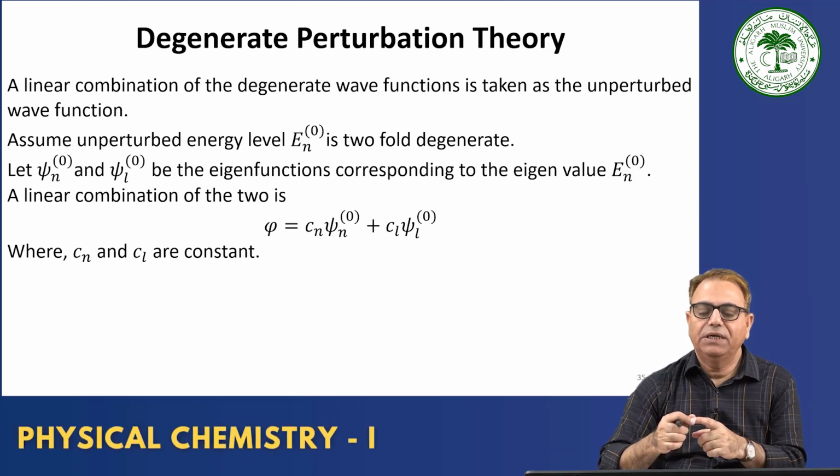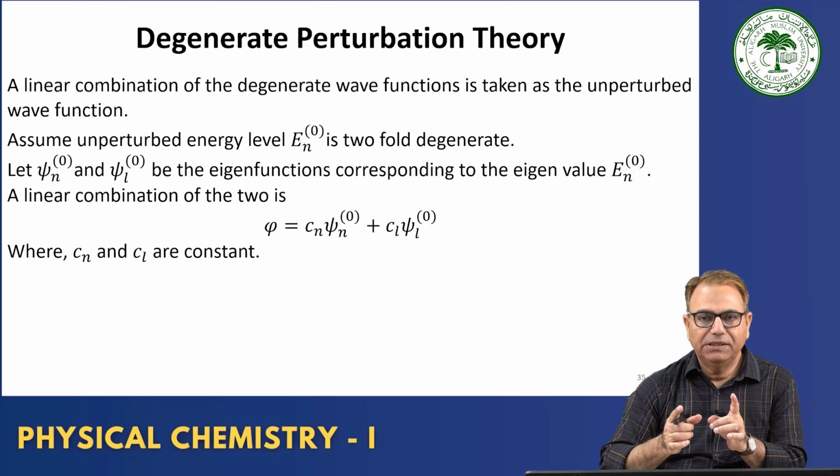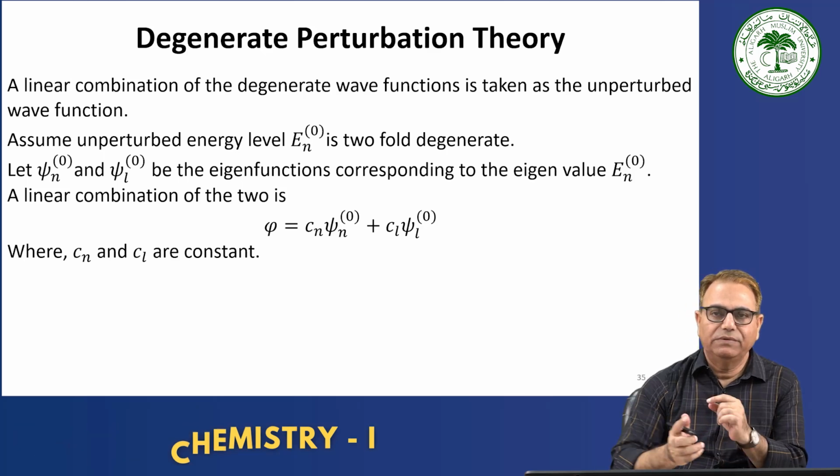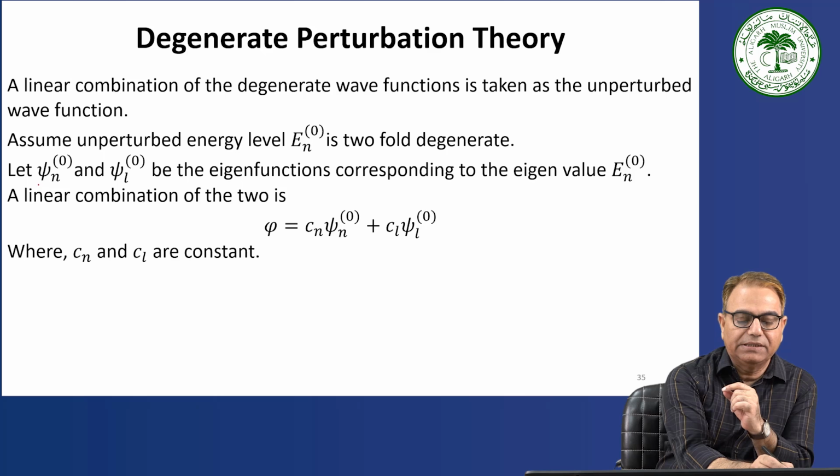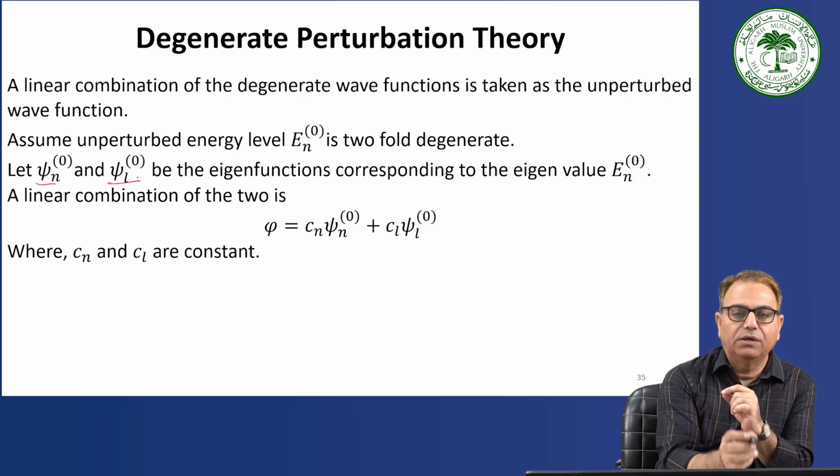So if En naught is the energy, and just for simplification, suppose that it is two-fold degenerate. Two-fold degenerate means it will have two different wave functions representing this particular energy state. These two I have represented as psi n naught and psi l naught.